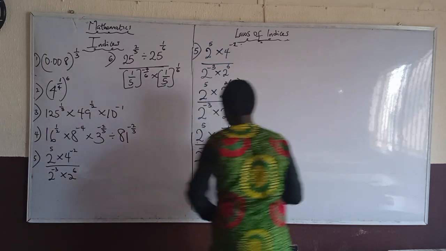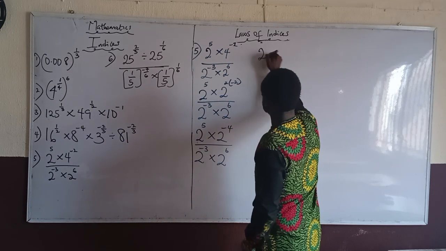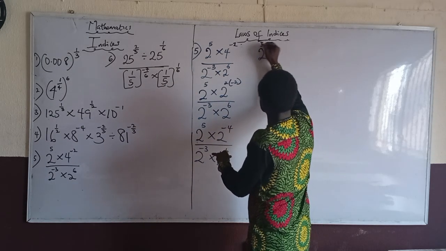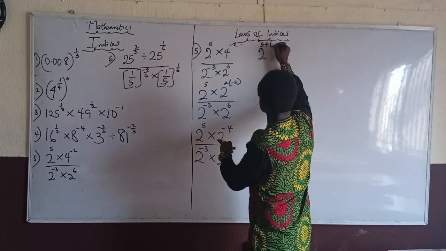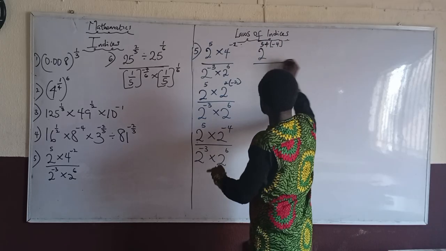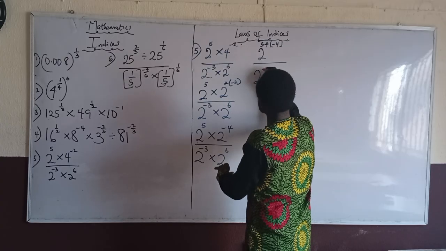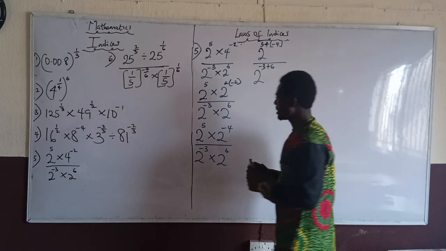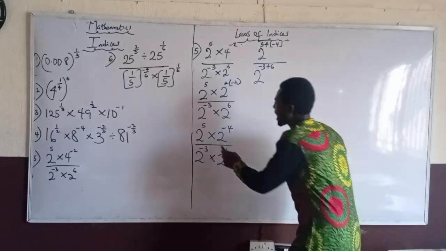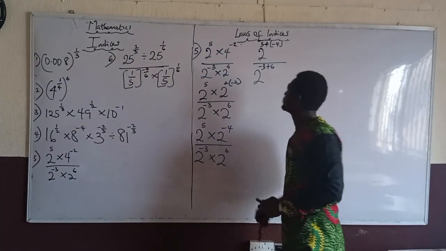That is 2 times minus 2 divided by 2 raised to power minus 3 times 2 raised to power 6. So here becomes 2 raised to power 5 plus minus 4 divided by 2 raised to power minus 3 plus 6. Why am I adding the powers? Because I have multiplication between them.